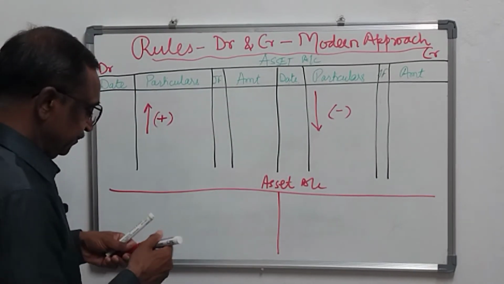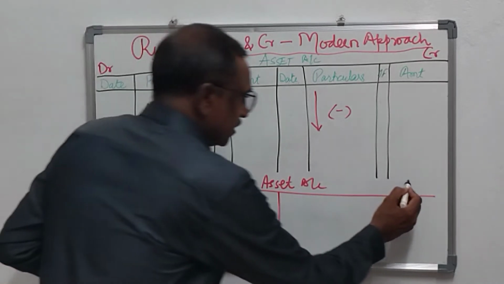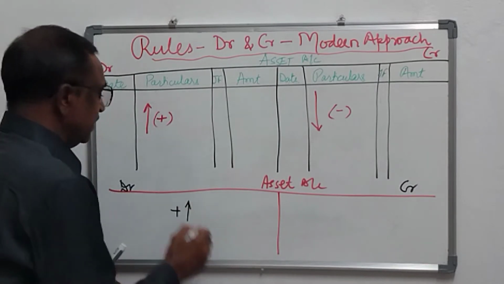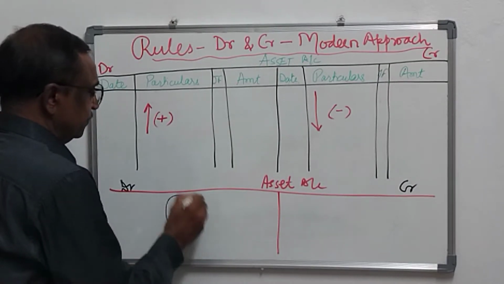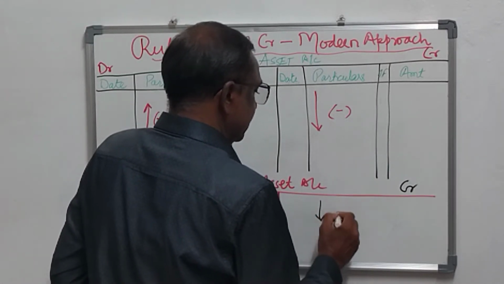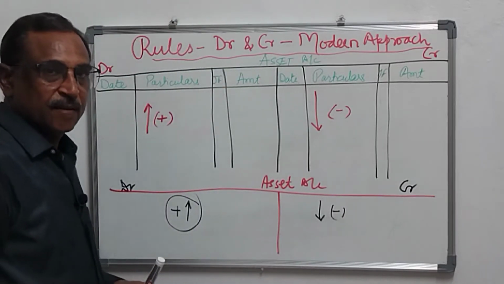Let me write again. Whenever the value of asset goes up, it is debited. And when the value of asset goes down or it decreases, it is mentioned on the credit side. Clear?